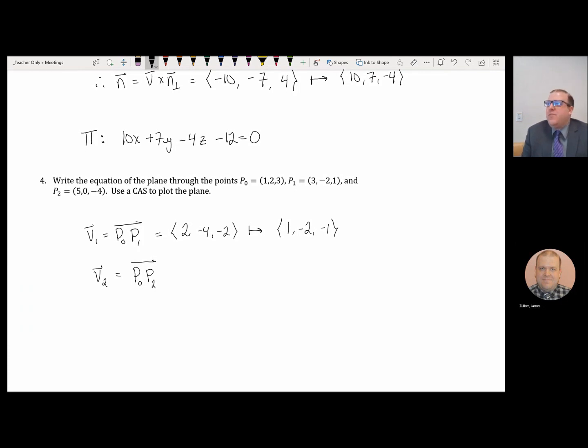Because that would have given you 2 parallel vectors that has a cross product of 0. -2, -7. Oh, I can't simplify that one without fractions, so.